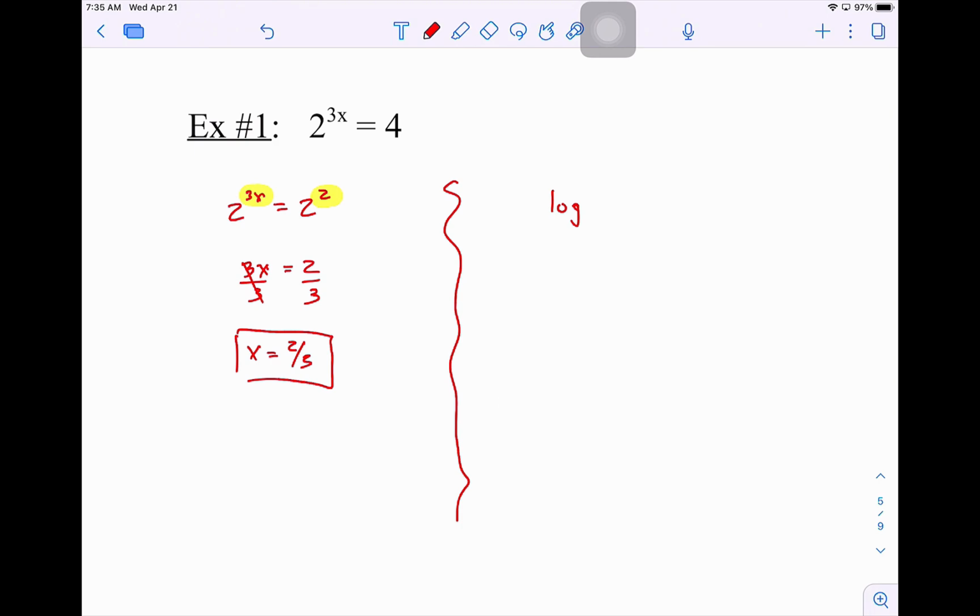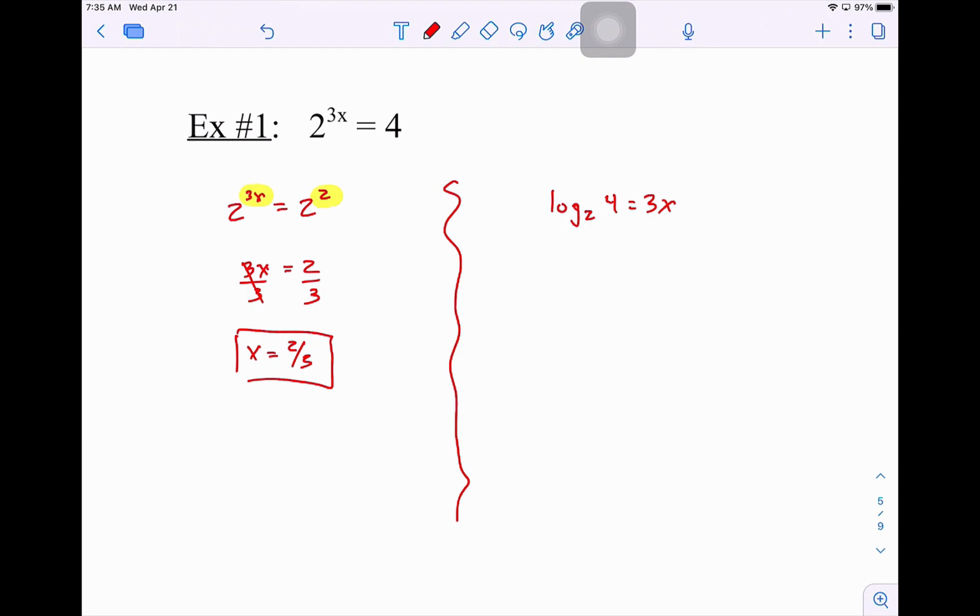Base 2, because the exponential part is base 2. The log base 2 of 4, and remember, it always gives you the exponent. So in this case, it would be 3x. So if I took this exponential equation and rewrote it in logarithmic form, I have that.